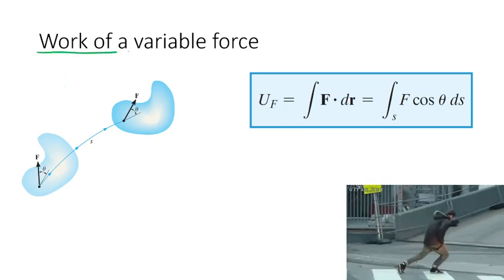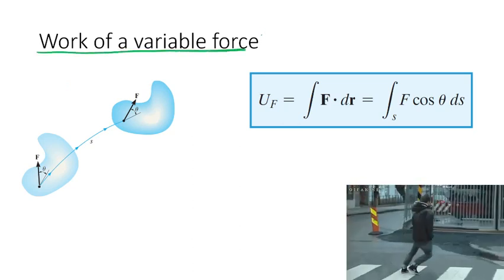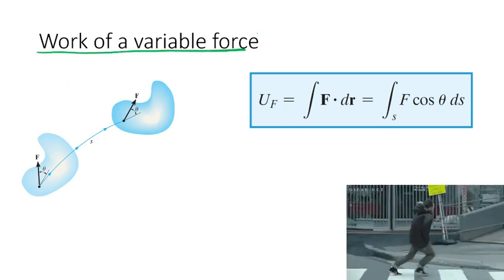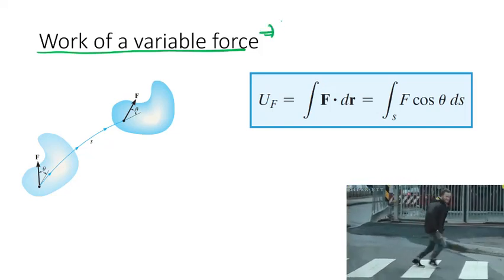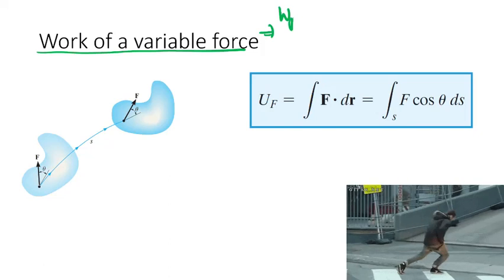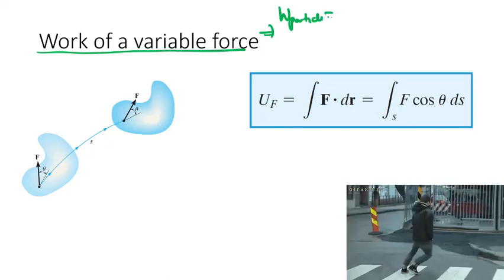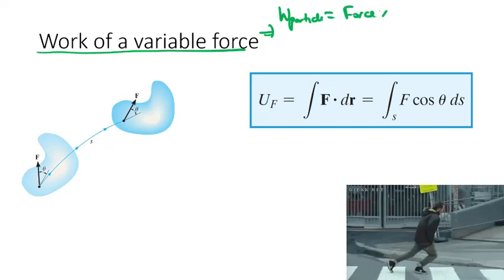Work is an important concept for this chapter because the chapter is concentrated on work and energy. When we mean the work, if you remember from the particle, the work of a particle was the force into distance.